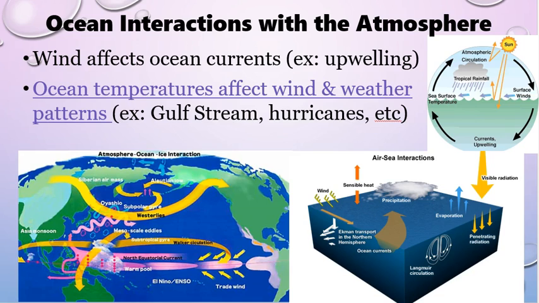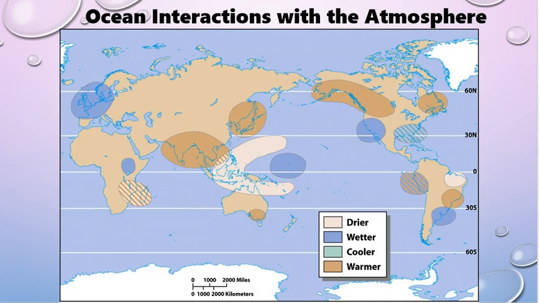So we have this very tight interaction between ocean movement and atmospheric movement. And that's going to cause a lot of these interactions with the atmosphere where you wind up with certain areas that are being warmer or cooler than others and wetter or drier than others. And that's because of both the wind patterns and also the ocean circulation patterns.